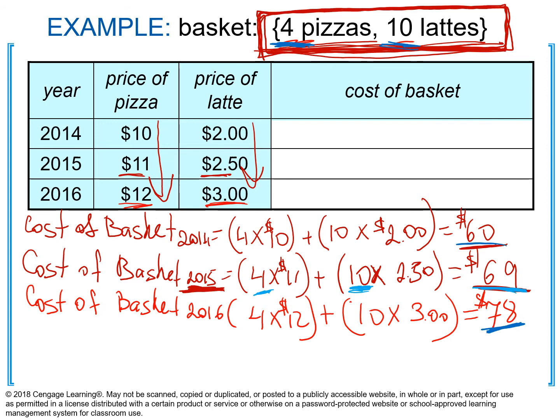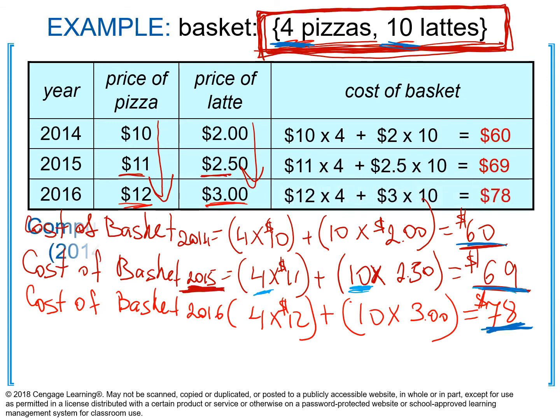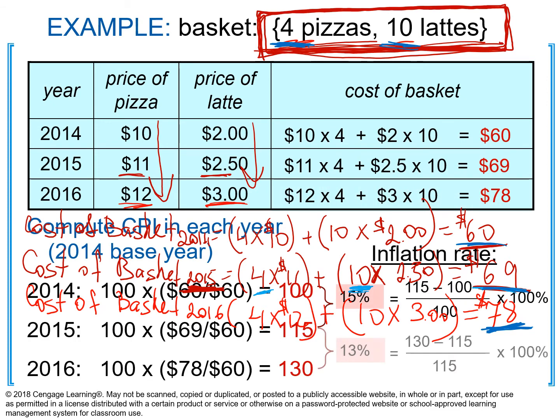So in our example, cost of typical consumer has actually increased over the course of these 3 years. Next, we're going to use this basket cost that we calculated, and we're going to calculate consumer price index. So I'm going to go to this next slide over there.